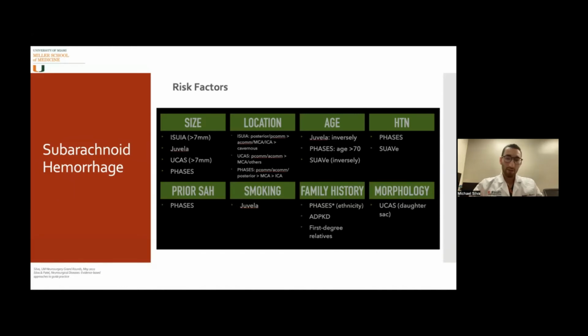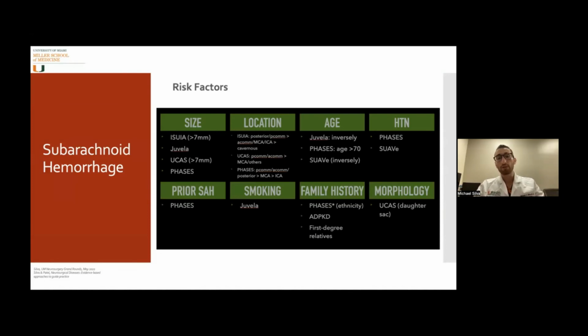I gave my talk last year on risk factors for aneurysmal development and subarachnoid hemorrhage, so I won't rehash all that, but it is important to appreciate the factors that go into risk for aneurysmal development. We all know that size, especially size greater than 7 millimeters, has been shown to be an important predictor of subarachnoid hemorrhage, and location as well.